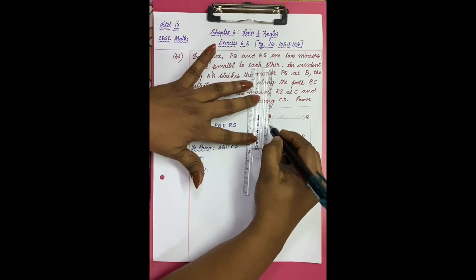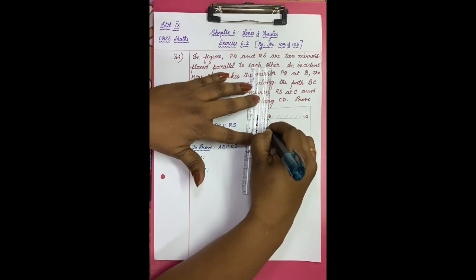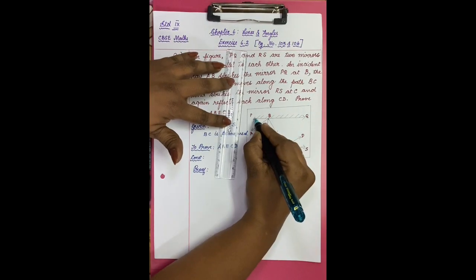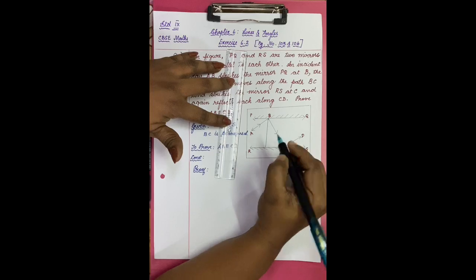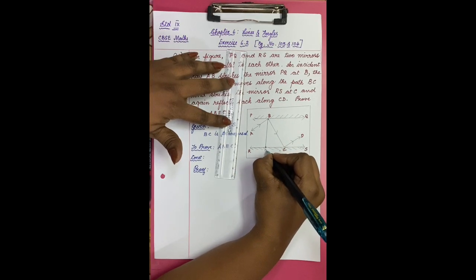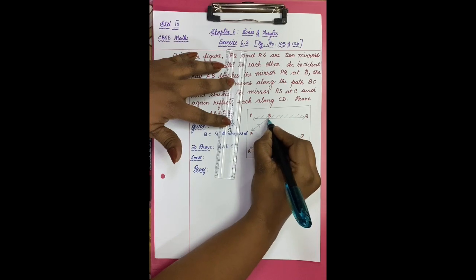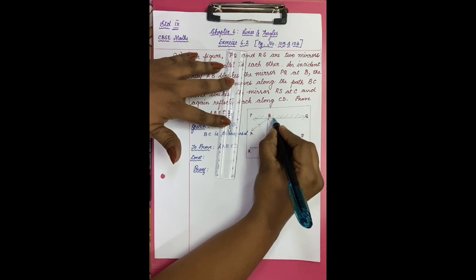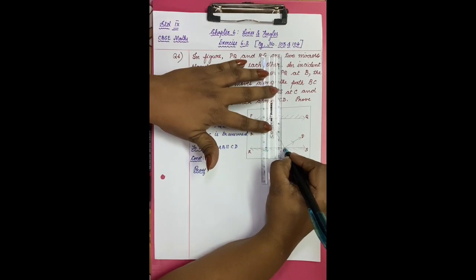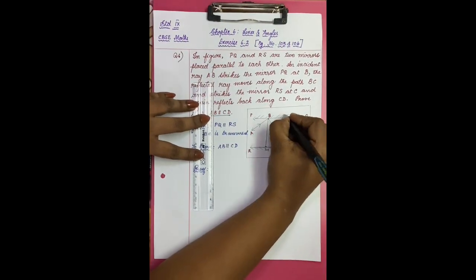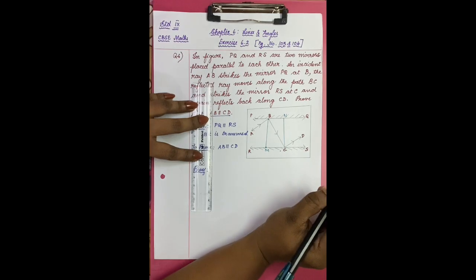What I am going to draw here is a perpendicular line like this. Perpendicular to PQ, I am drawing a line which comes to this end M, BM is perpendicular to PQ, and in physics we call this the normal. And similarly, we are going to draw another normal, CN, perpendicular to RS.